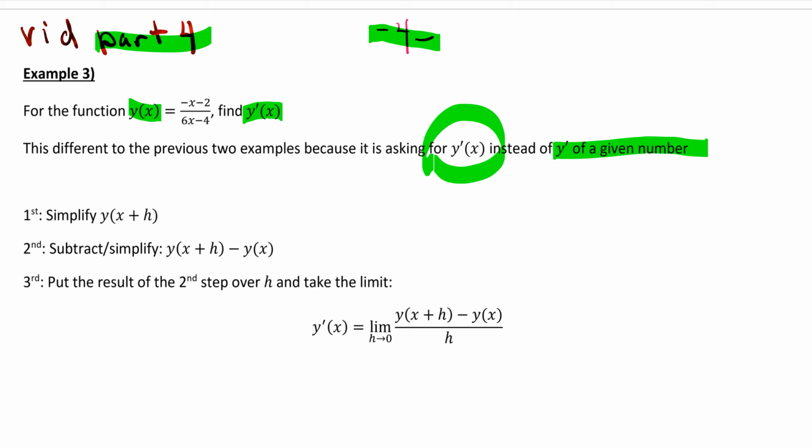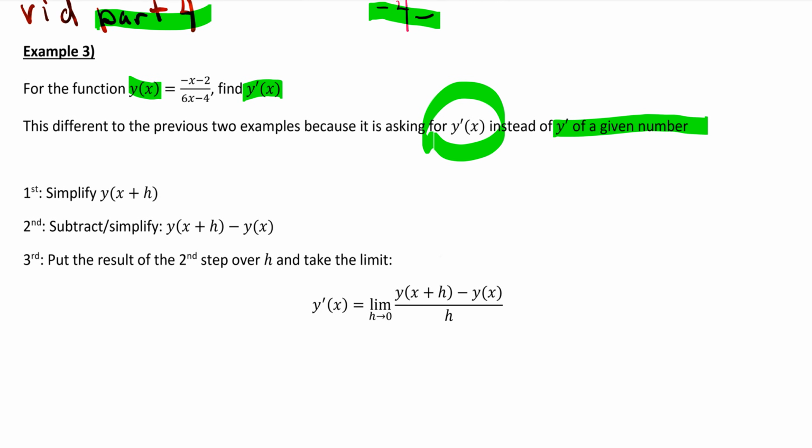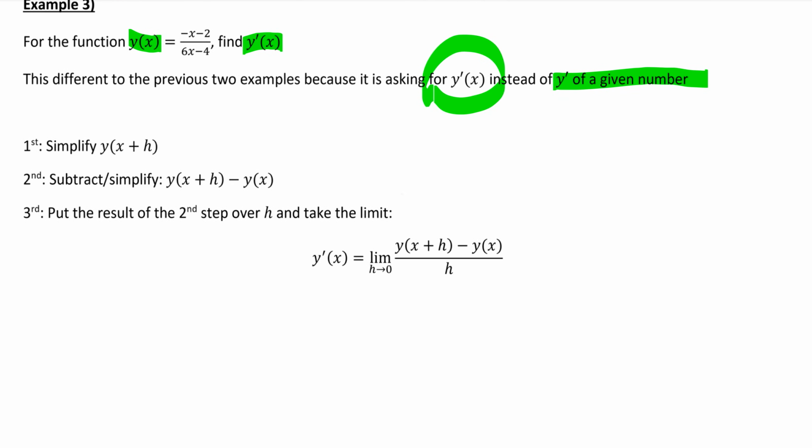So that's the difference. That said, there's going to be a lot of similarity between example 3, this one, and the previous one, example 2 in the previous video. The first thing we want to do here is find and simplify y of x plus h. And that's just like we did before, except now we don't have a specific number for x, we're leaving it x.